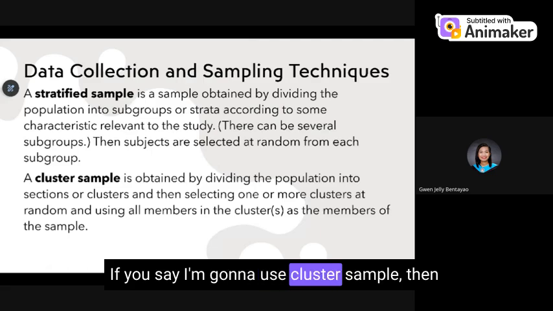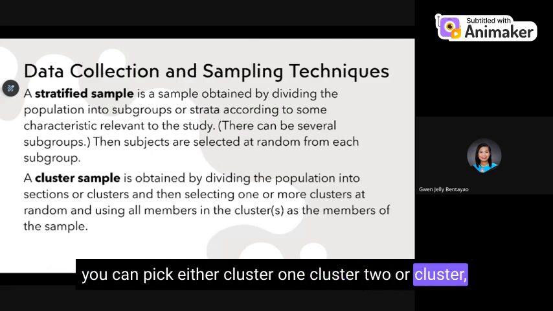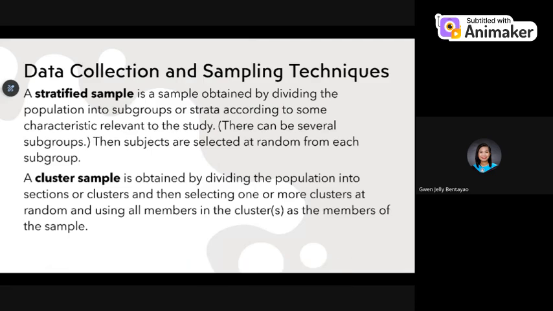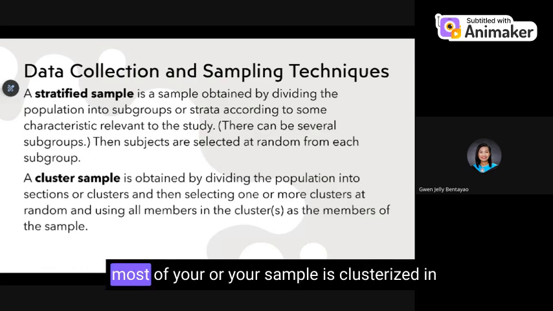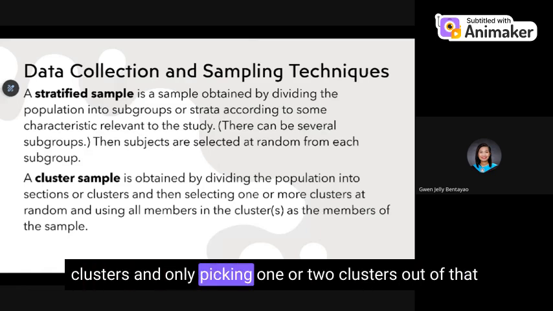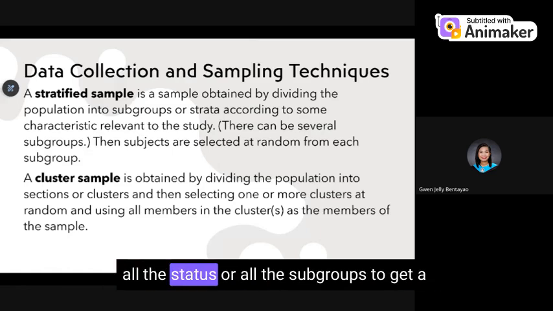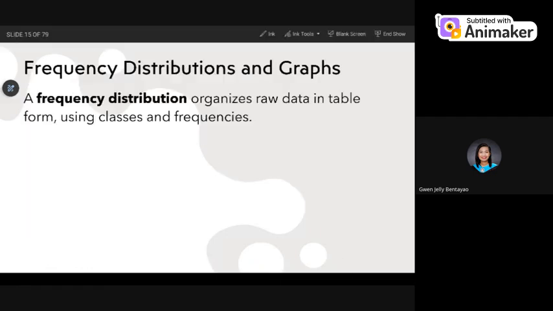And if you say, I'm going to use cluster sample, then you can pick either cluster 1, cluster 2, or cluster 3. When you say cluster 2, then most of your sample is clustered in District 2. So again, this is dividing the population into clusters and only picking 1 or 2 clusters out of that population. Unlike stratified, you consider all the strata or all the subgroups to get a sample from, right?